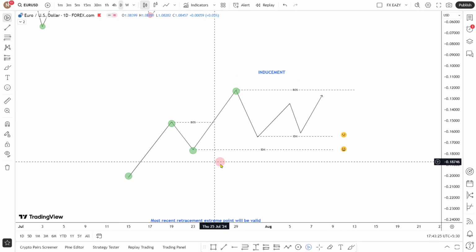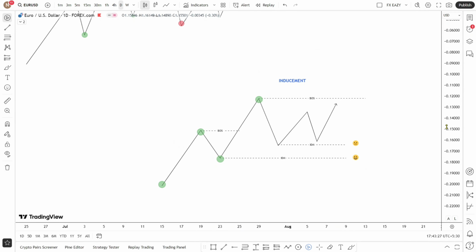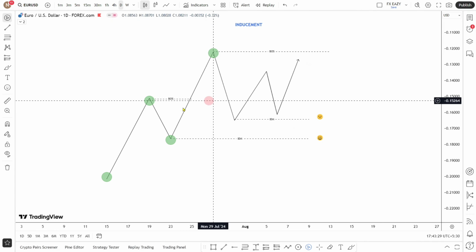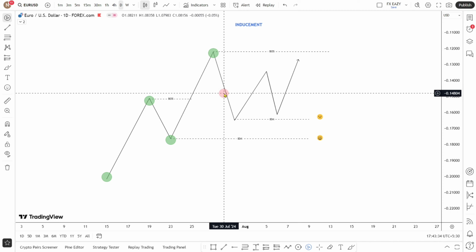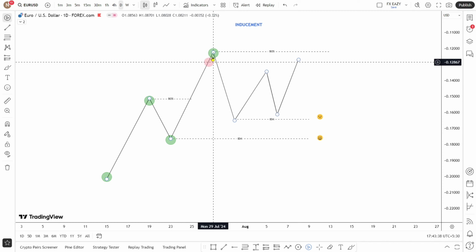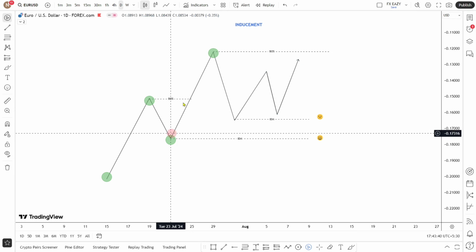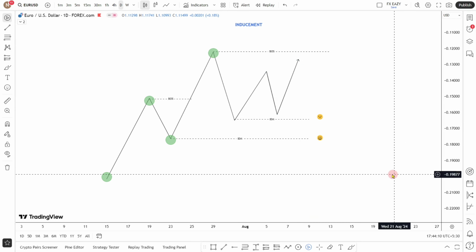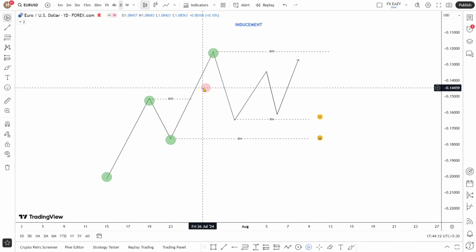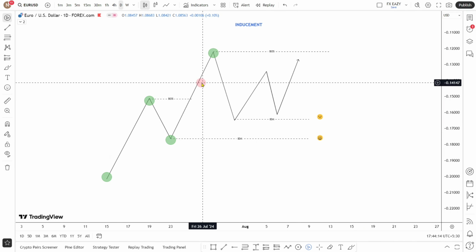See, whenever price is moving in this way, you have to find your most recent pullback, the extreme point of your recent pullback. See, the market is forming higher high, higher low, higher high, and basically inducement would be on the left side of your chart. It would never be on the right side of your chart.